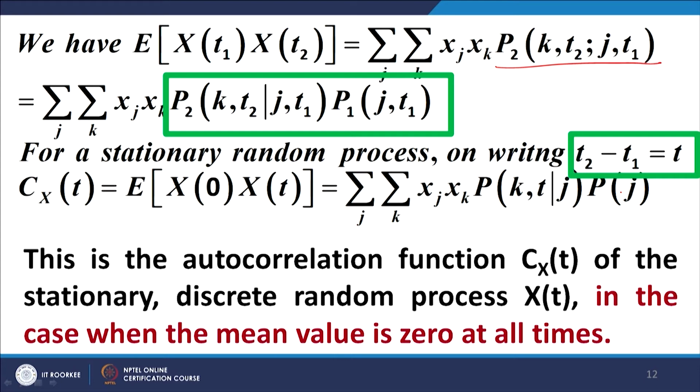You can use the probability at t equal to 0 for that matter, and from t equal to 0 you can have the conditional probability that this system moves to the state k at time t, and work out the autocorrelation function.